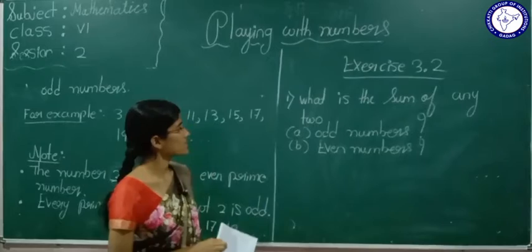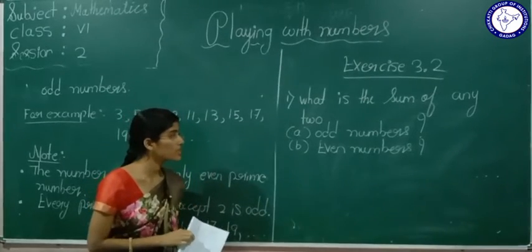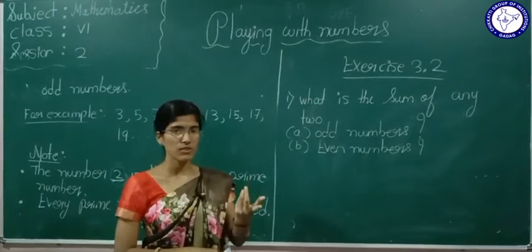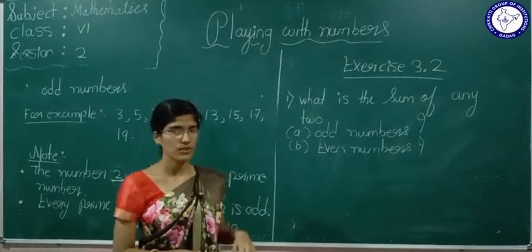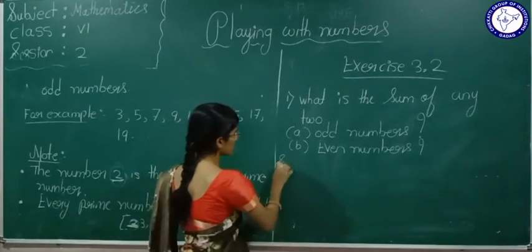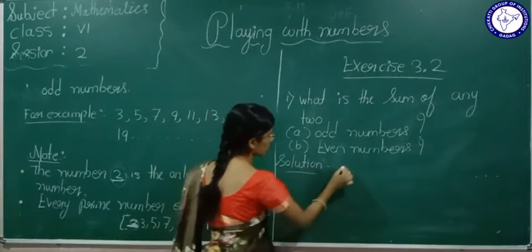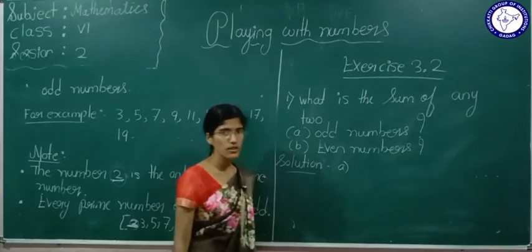They are asking here, what is the sum of any two odd numbers? If you take two odd numbers, will the answer be odd or even? We will verify that. So tell me any two odd numbers, students.